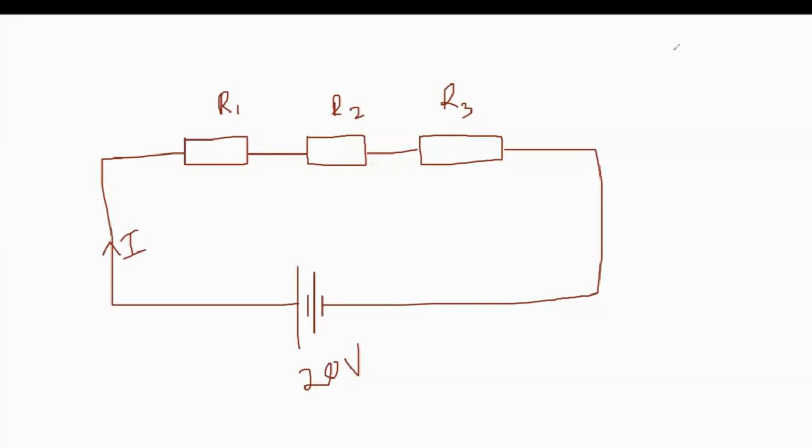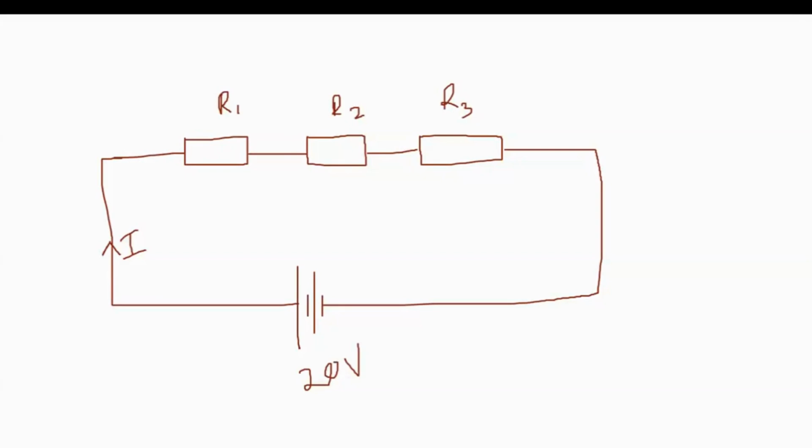So my statement is: the resistors which are in series flow the same current. Agree? Agreed. The resistors which are in series flow the same current. So R1, R2, R3 are in series with each other, so they will be flowing the same current through them. Now that is about the current. I would write that current is same.